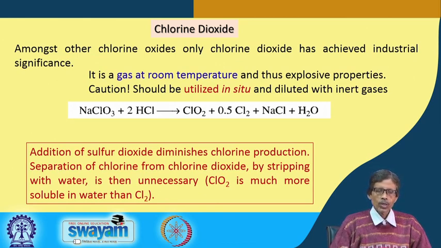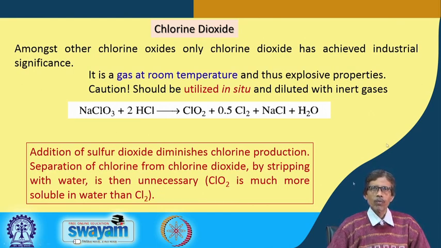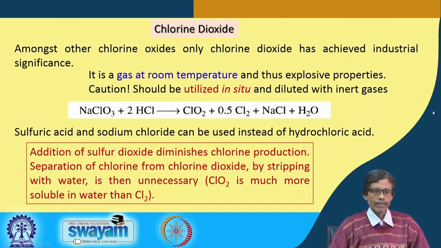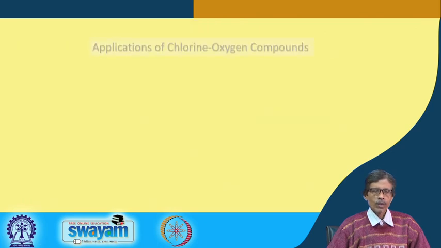So we have to remove that process of using water for separation and purification of this gas, the chlorine dioxide gas, ClO2. Sulfuric acid and sodium chloride can also be used in place of HCl for this type of reaction for the production of ClO2.